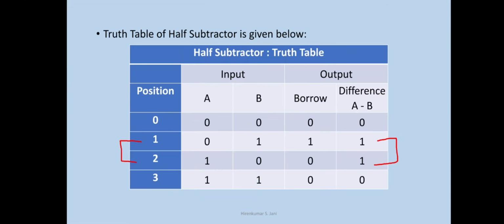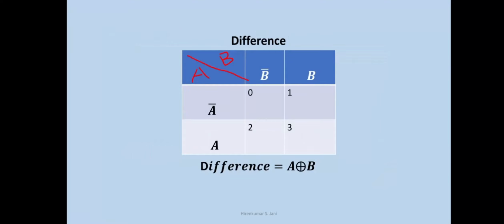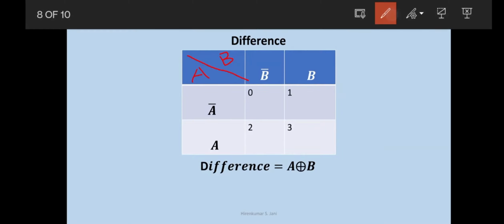Here, we will have 1 and 1 for the positions 1 and 2. So, we can write for the position 1 as 1, and also for the 2 as 1. Here we cannot make any horizontal or vertical groups.